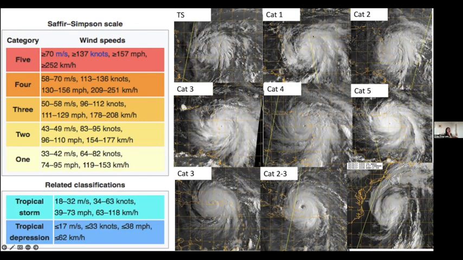Once you become category 1, the spiral structure becomes better and better. And when you become a major hurricane, which usually refers to when the storm has reached category 3 strength, that's when we see a clear eye. And if you reach category 5, you see a very compact cloud with a clear eye in the center. And I believe the figures I showed you before are probably category 5 storms.